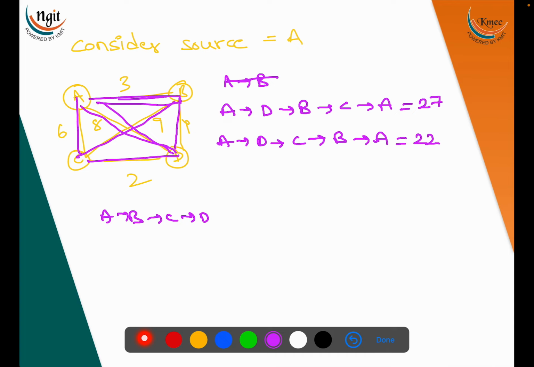So if you see all these permutations, in total 6 permutations we got. The condition applies that my starting city is A. If you take city B also as start, you'll have 6 more. But I said that the starting vertex is A, right? So total permutations for this is 6.